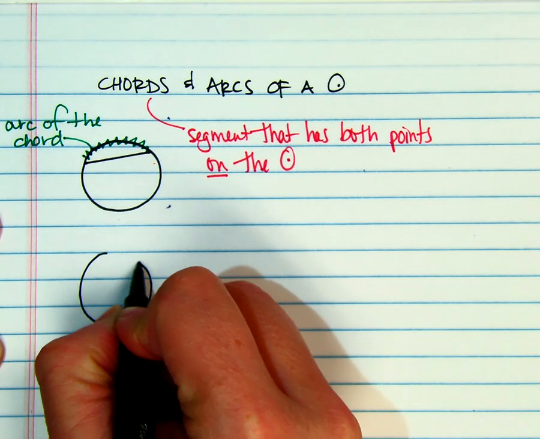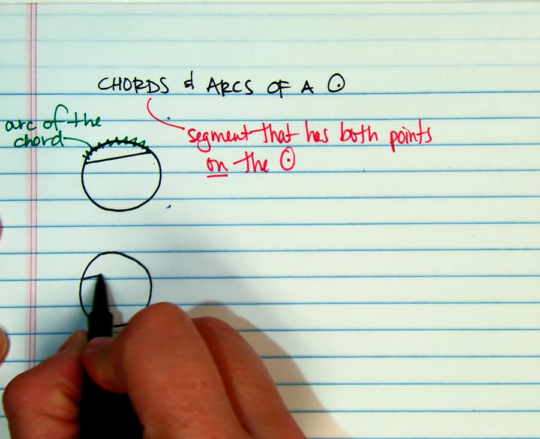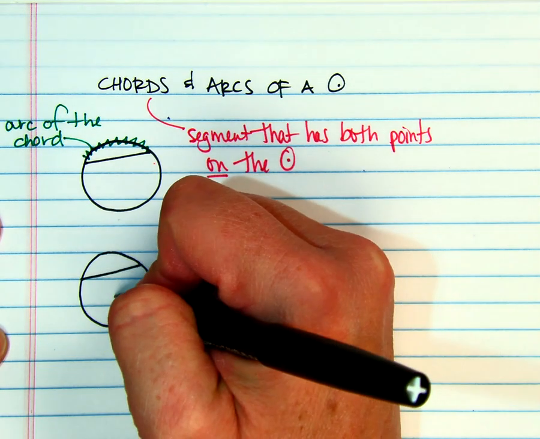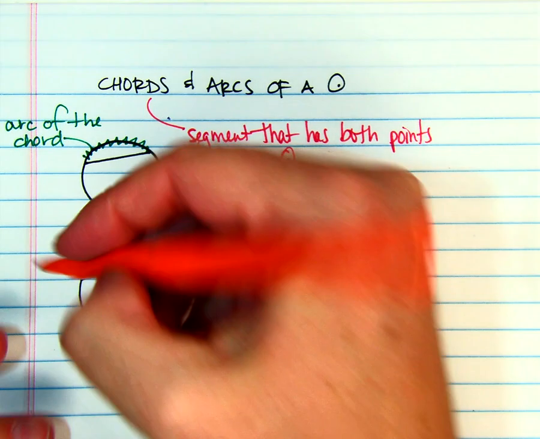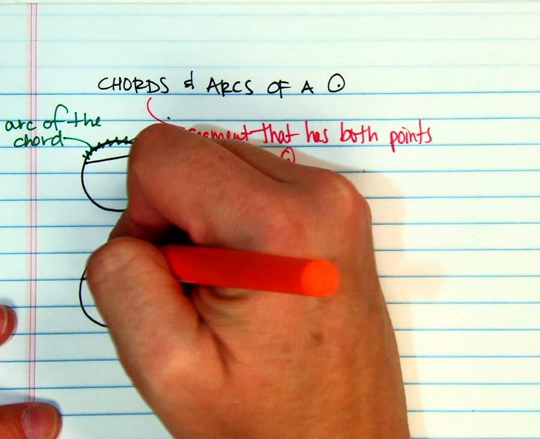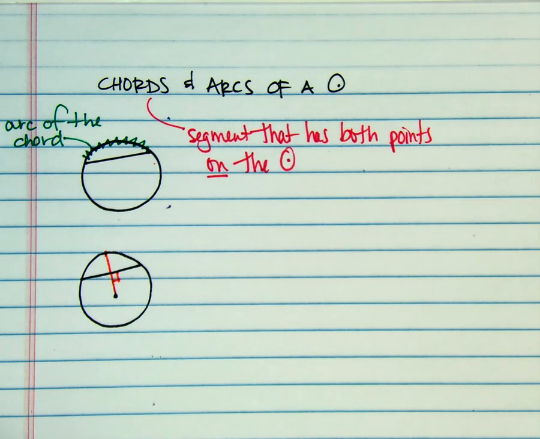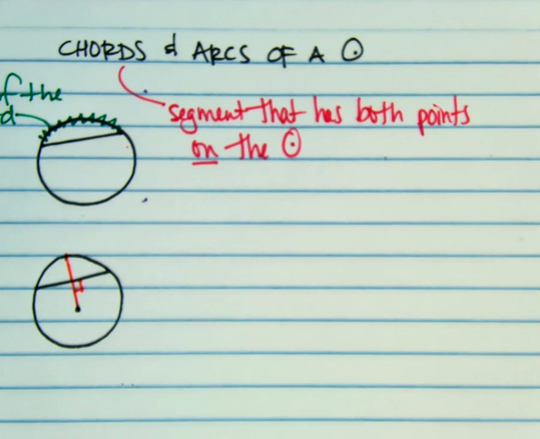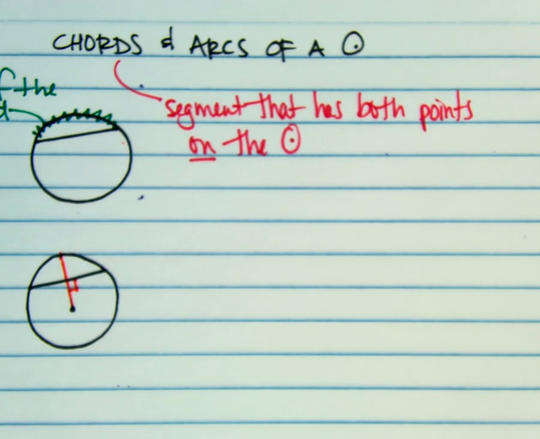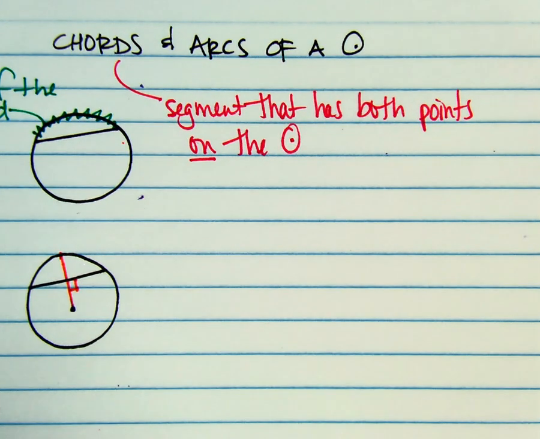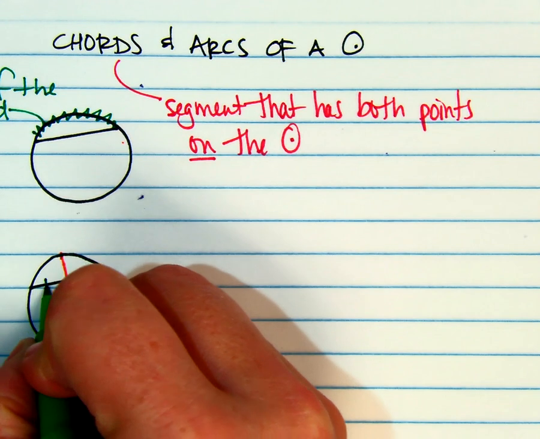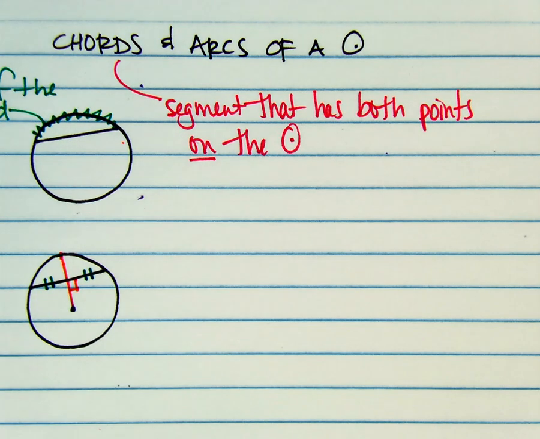So first of all, let's talk about if you have a chord and you have a radius that is perpendicular to the chord, then what happens is, let's try to zoom in here. What happens is the chord is bisected.